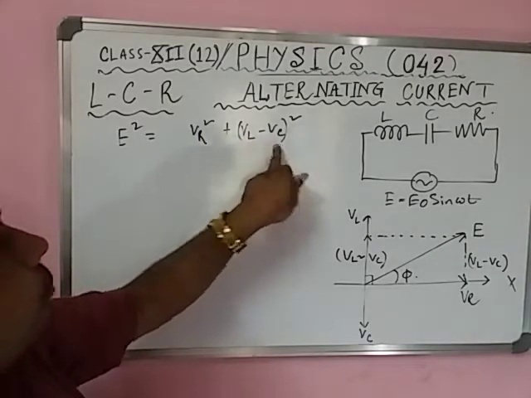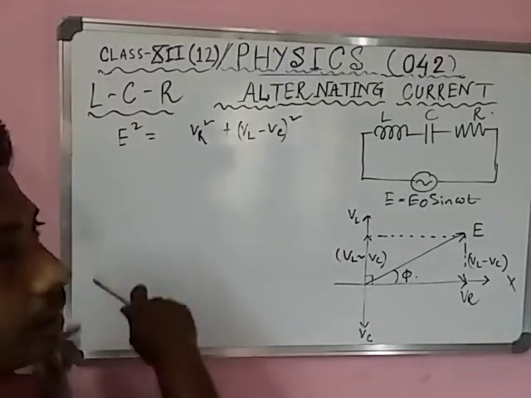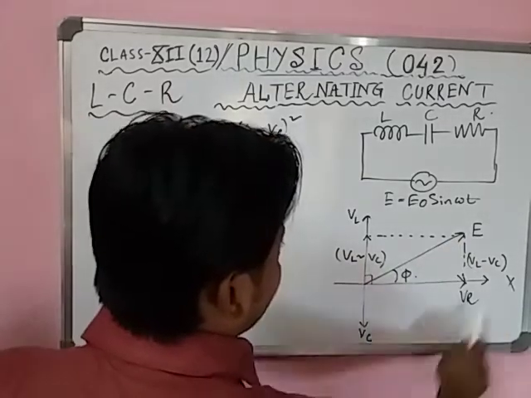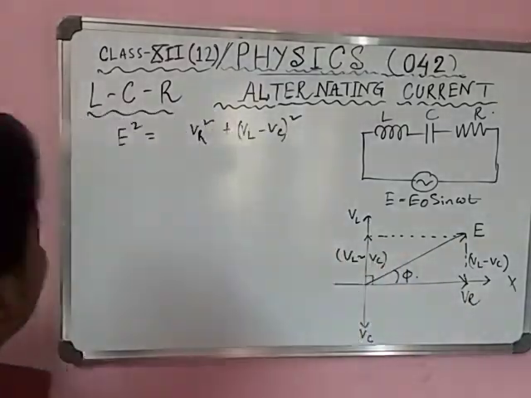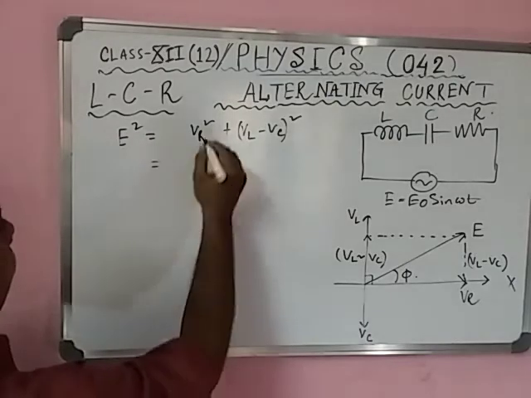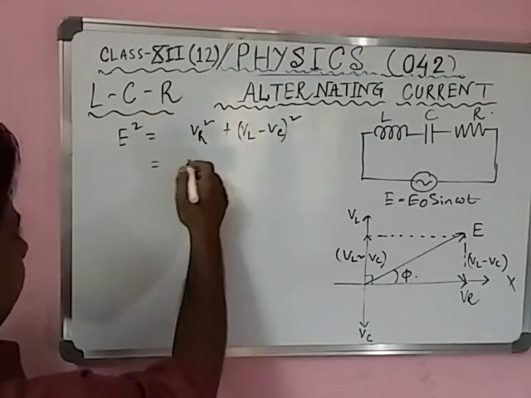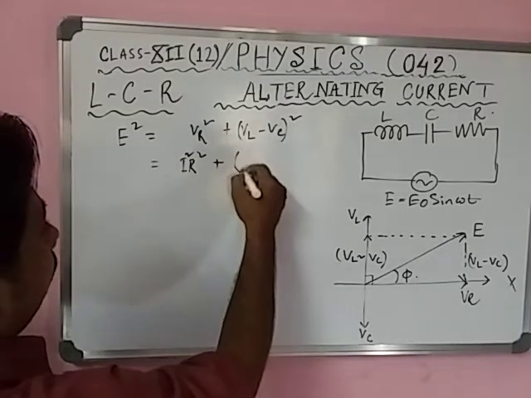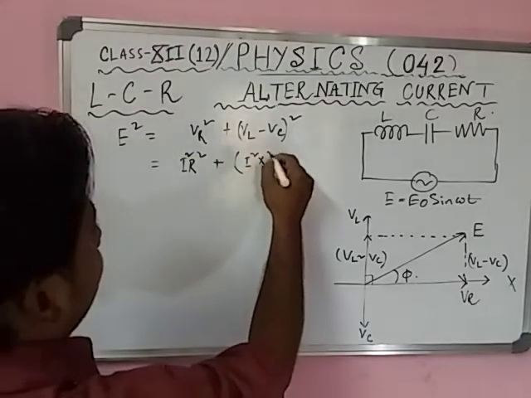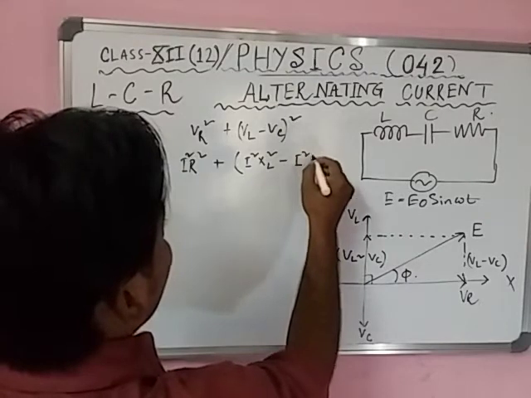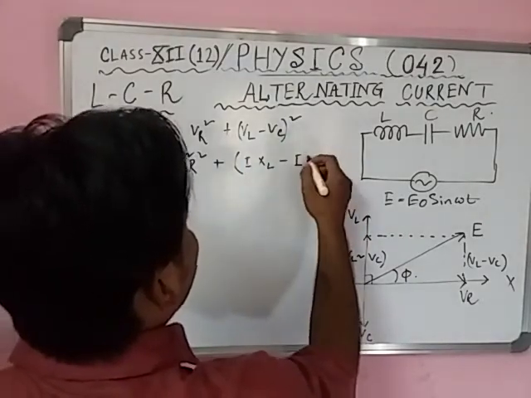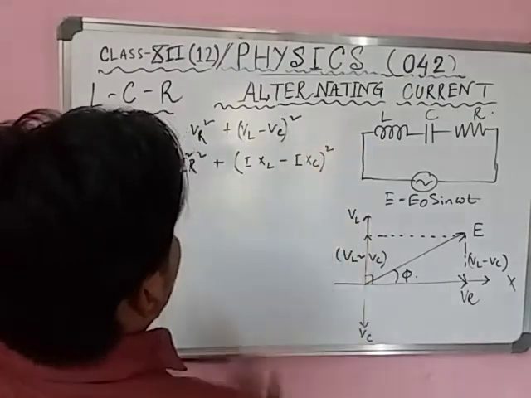Base square plus perpendicular square is equal to hypotenuse square. Here E square is the hypotenuse. Now we extract I from this, because this is IR square, plus I square XL square minus IXL minus IXC the whole square.